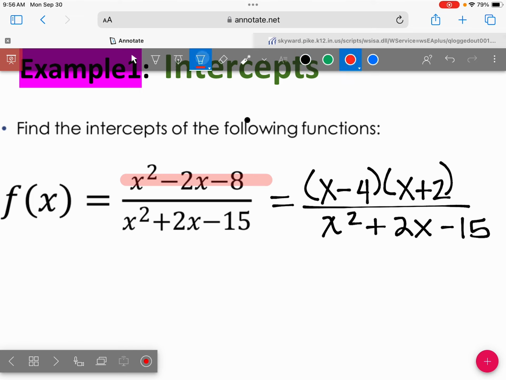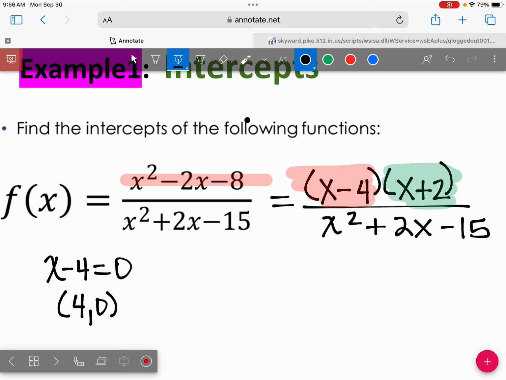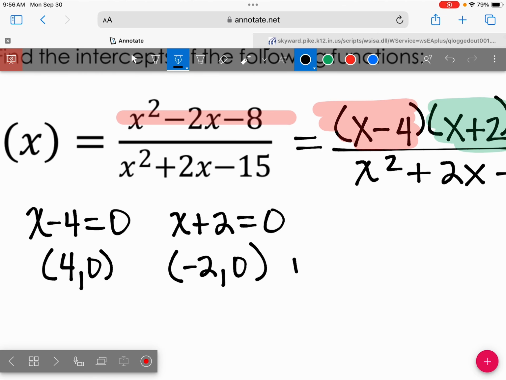So to find our x-intercepts, we would set both of these equal to 0. We would have x minus 4 equals 0, which means we have an x-intercept at (4, 0). And we would set x plus 2 equal to 0, which means we have an x-intercept at (-2, 0). So these are our roots.